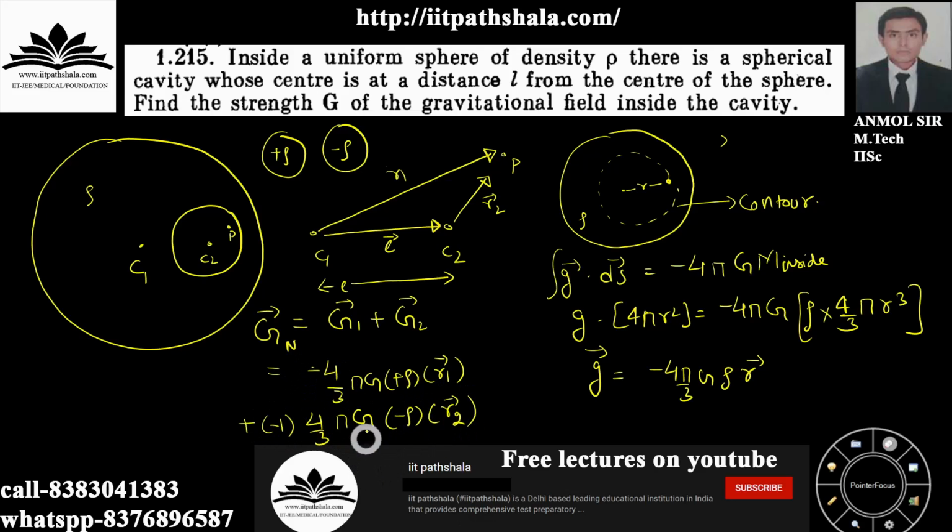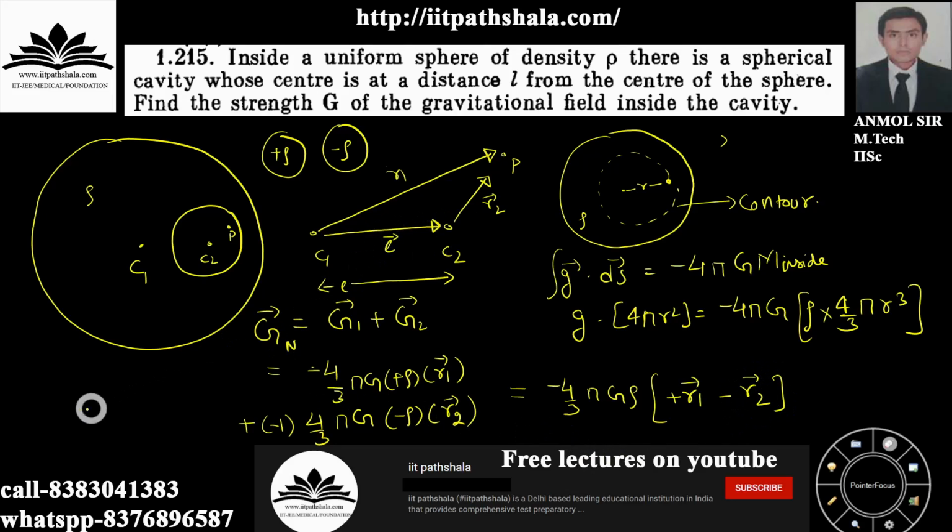This is the result you get after applying the superposition principle. I'm erasing this because I don't need it. Taking common minus 4 by 3 pi G rho, I'm left with r1 vector minus r2 vector.